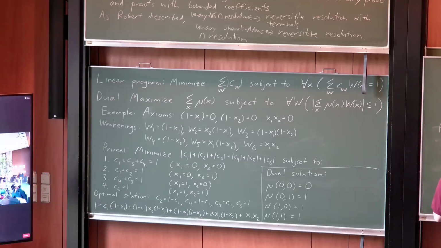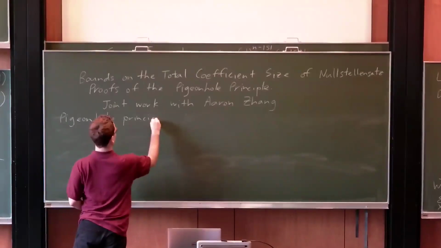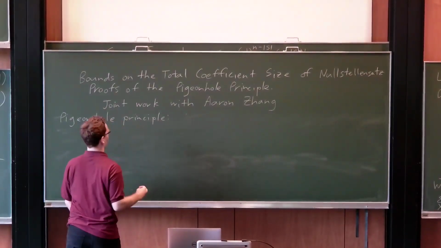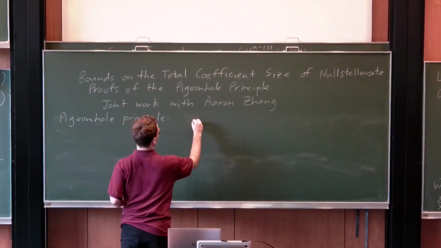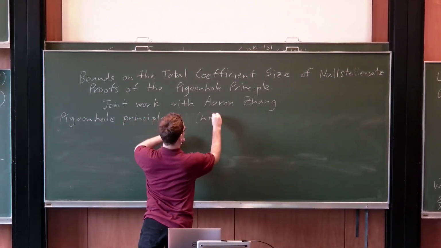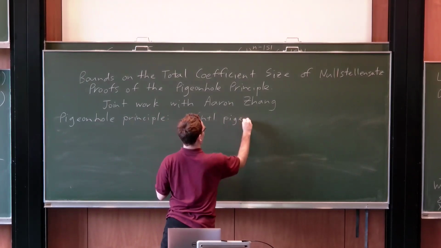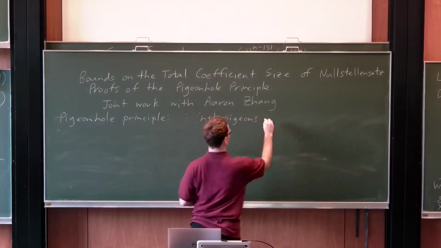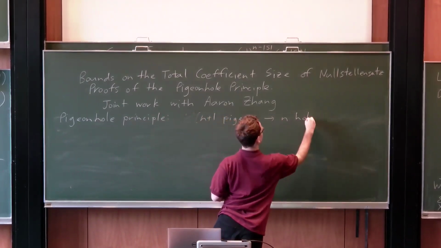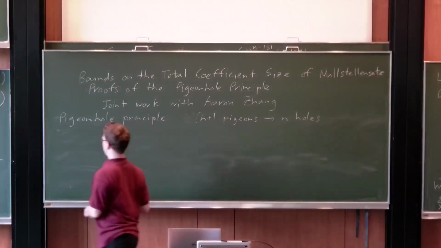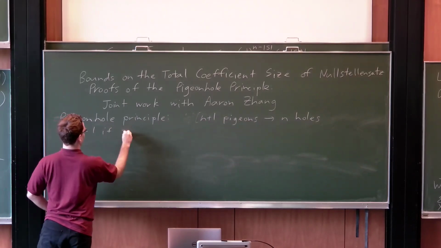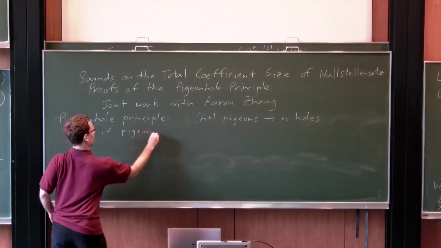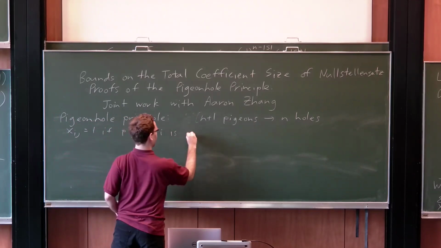Now we'll analyze this for the Pigeonhole principle. We'll take n plus 1 pigeons to n holes in order to make the numbers easier. With the usual setup, we'll have x_ij equals 1 if pigeon i is mapped to hole j.